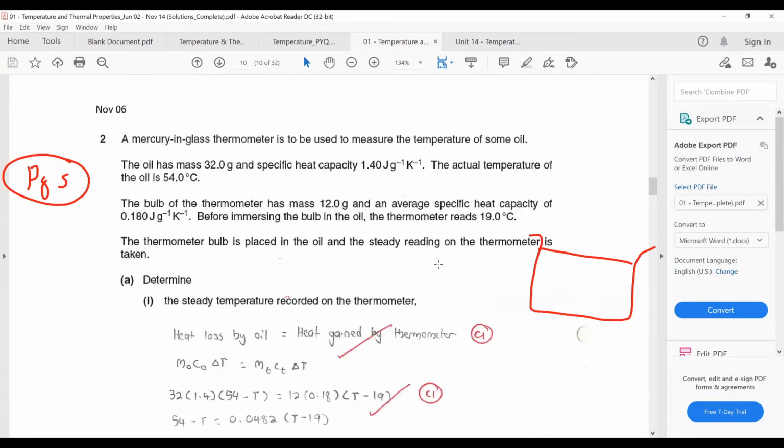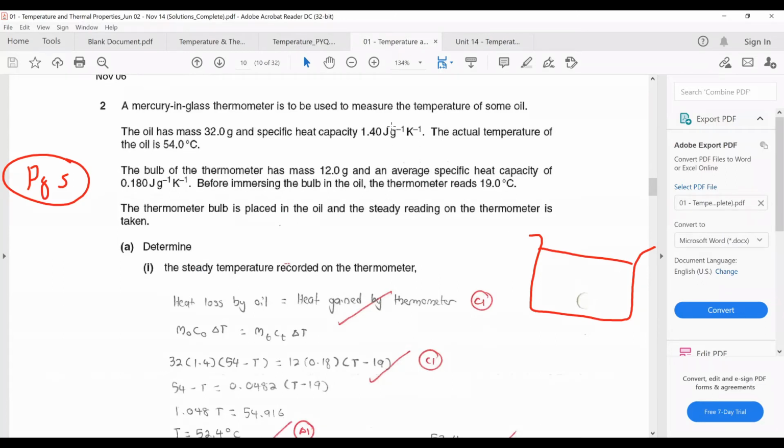You have oil at 54 degrees centigrade. You want to dip a thermometer inside whose temperature is actually 19 degrees centigrade. Before you even take the reading on the thermometer, as I mentioned, you need to wait for the thermometer and the oil to reach thermal equilibrium.